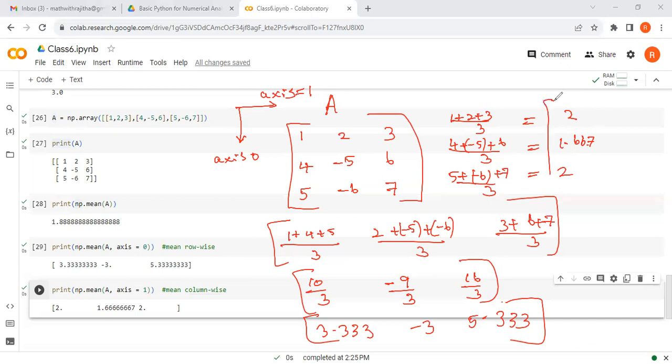So this is the vector. It gives me a column vector 2, 1.667, 2. This is the answer, so it is what we are getting here. Correct.